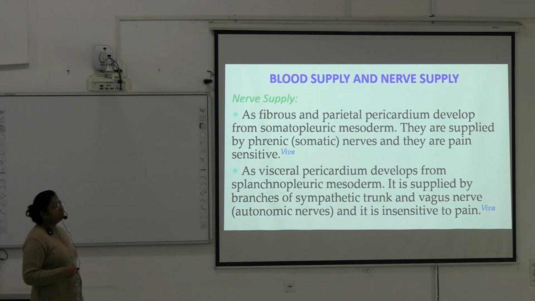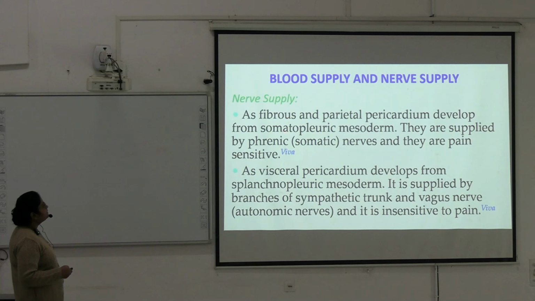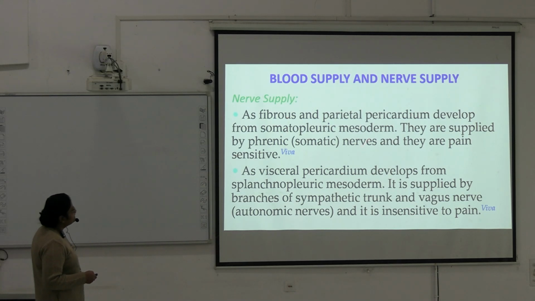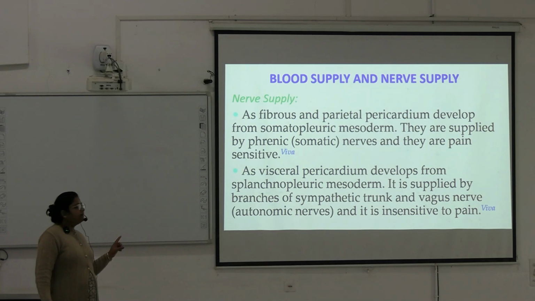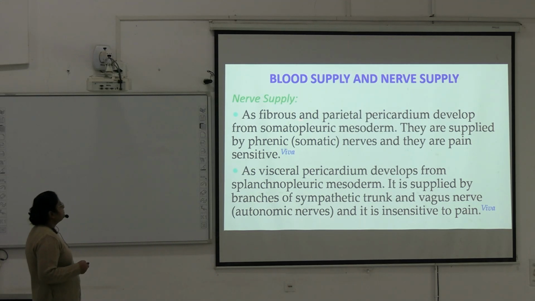Next we go to the nerve supply. As for the fibrous and parietal pericardium, this nerve supply is important for your clinical aspect. It comes as I explained, why it is pain sensitive, why it is pain insensitive like this. As the fibrous and parietal pericardium develop from somatopleuric mesoderm, they are supplied by the phrenic nerve. Phrenic nerve is a somatic nerve, that's why they are pain sensitive.